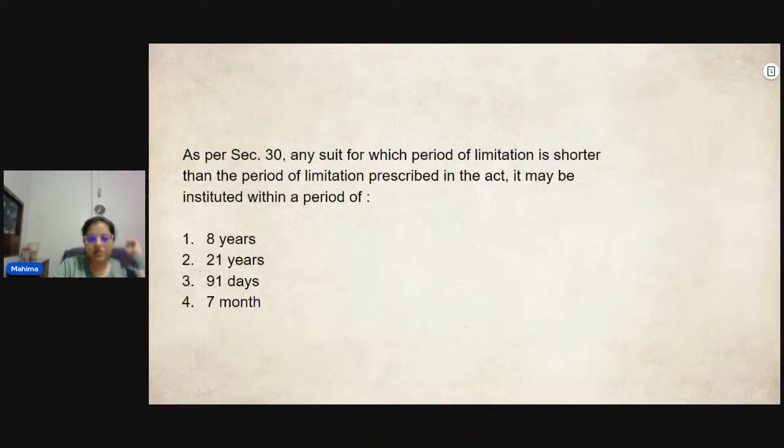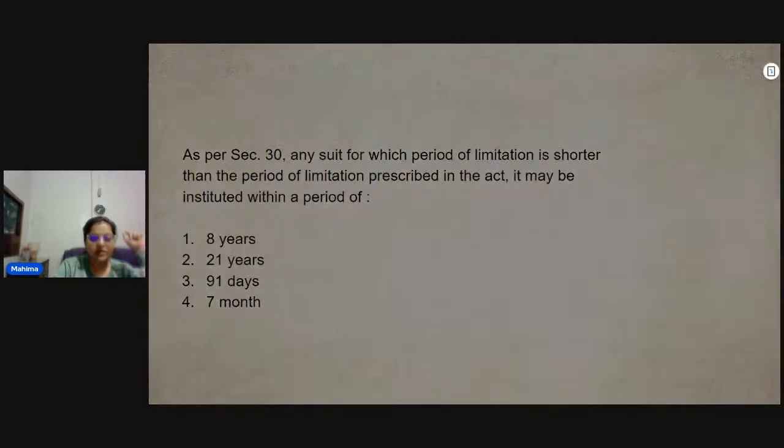As per Section 30, any suit for which the period of limitation is shorter than the period prescribed may be instituted within a period of 8 years, 21 years, 91 days, or 7 months.